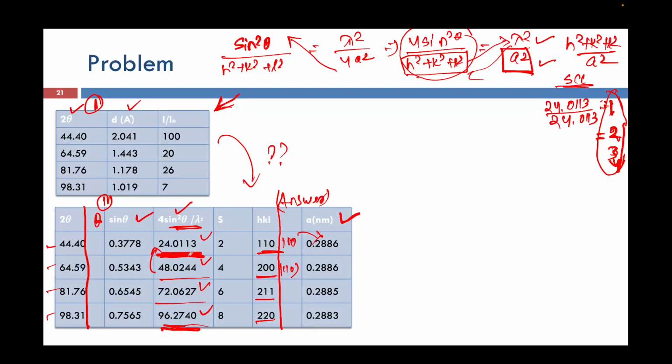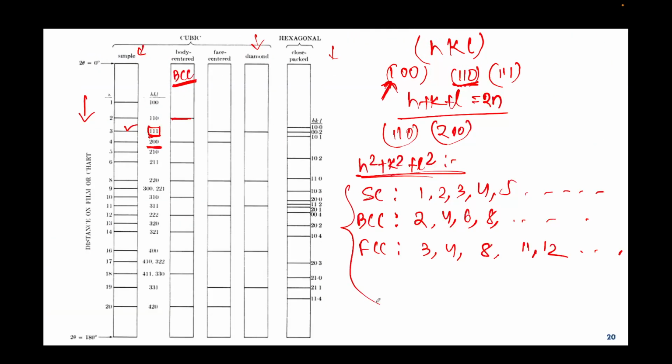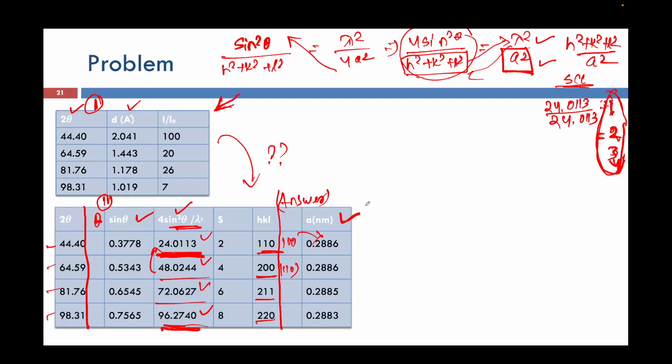You have to look at the next step: you see this is 1, 2, 3, 4, then you have to multiply all of these with the next integer. If I multiply simple cubic, it will give BCC. If I multiply 1, 2, 3, 4 by 2, then I will get 2, 4, 6, 8, right? I will get this value 2468, which I have got here.